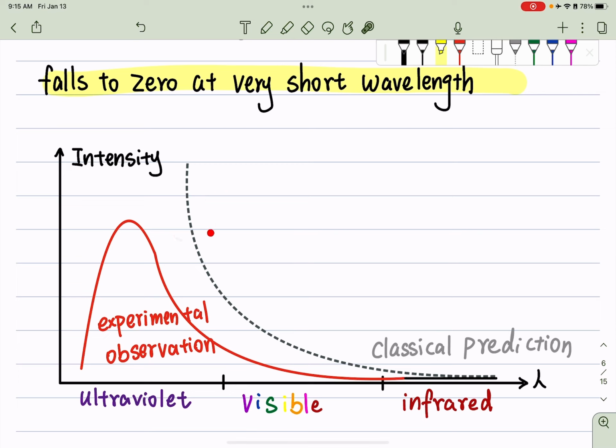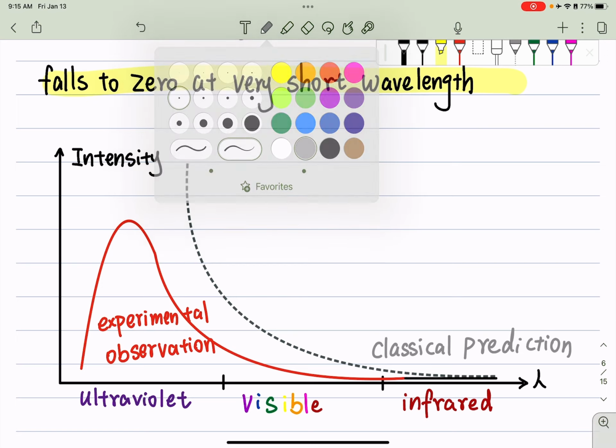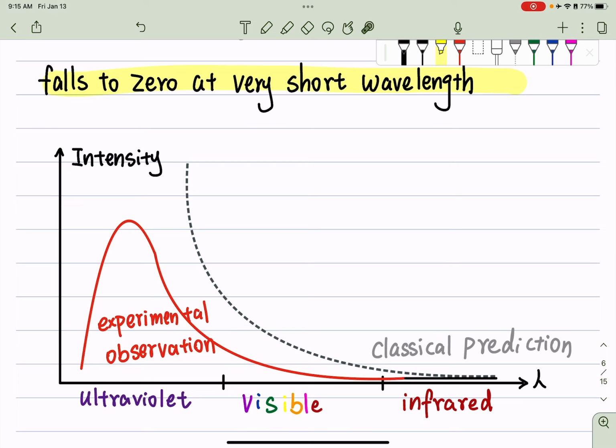This gray curve here is our predicted curve from pure classical theory, and what the actual observation shows is in red here. So we have a clear inconsistency between the theory prediction and the experimental observation. And since the experimental observation normally peaks in the ultraviolet region, scientists gave it a name: the ultraviolet catastrophe.